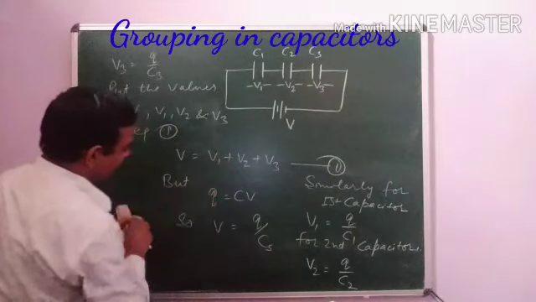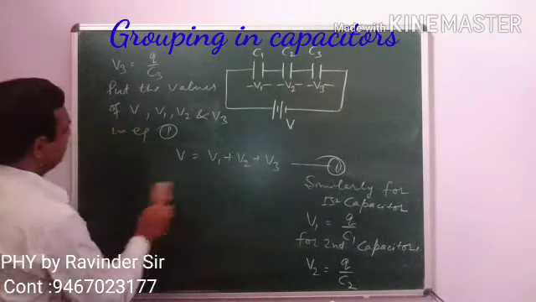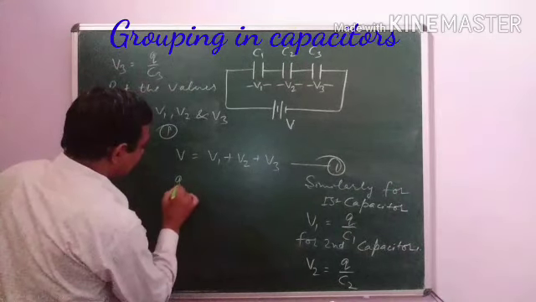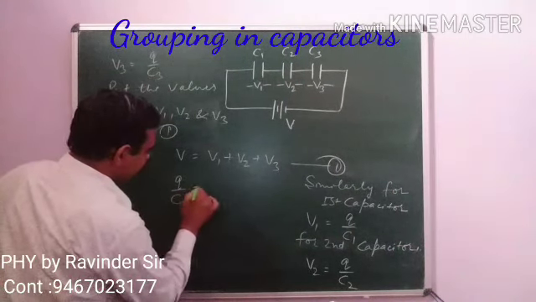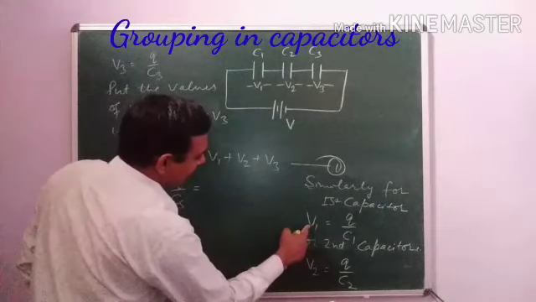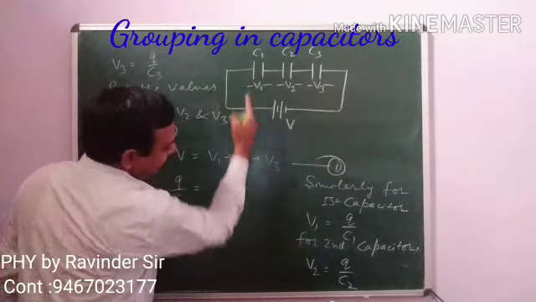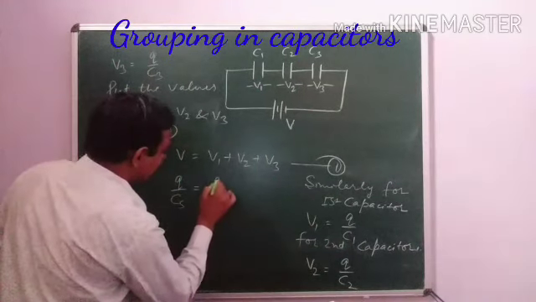This is equation first. So V is equal to Q by Cs, and similarly for the voltage V1 across the capacitor C1, Q by C1.